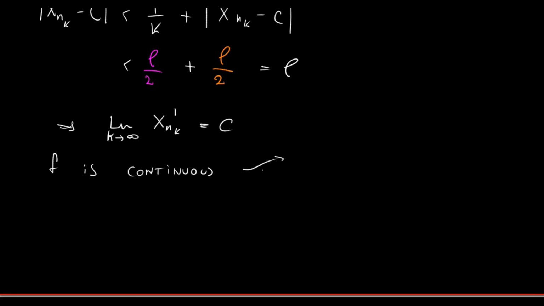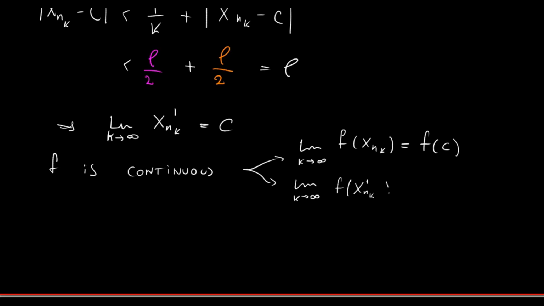So what this tells us is that the limit when k tends to infinity of f of x sub n sub k is f evaluated in the limit, that is f of c, and also the limit when k tends to infinity of f of x of n sub k prime has to be f of c, because the limit of x n prime sub k is also c.